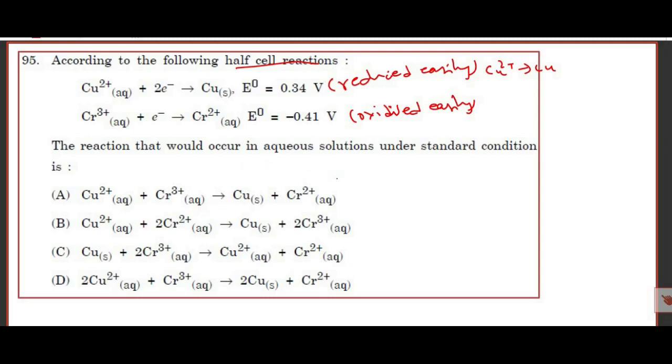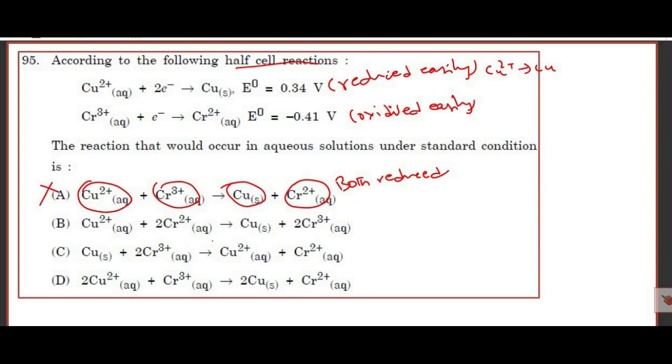So this reaction in aqueous solution under standard condition is, you take option A. In option A you see copper is reduced to Cu. The Cr3 plus is reduced to Cr2 plus. So both are reduced. So option A is ruled out.